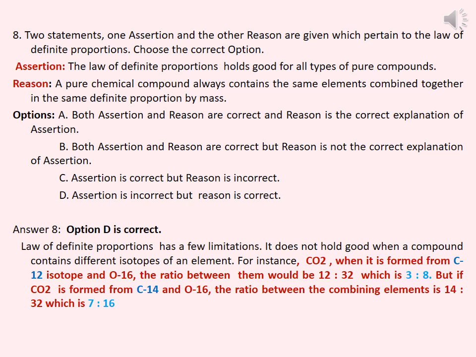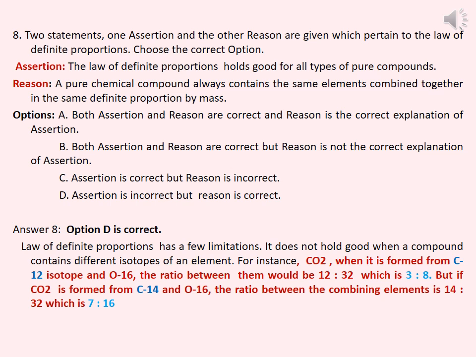Here, the statement that the law of definite proportion holds good for all types of pure compounds, given as assertion, is wrong, whereas the reason given is correct. So, option D would be correct. Assertion is incorrect, but reason is correct.